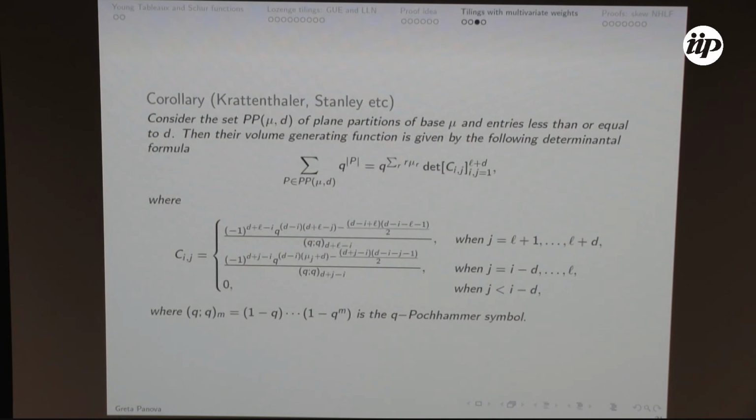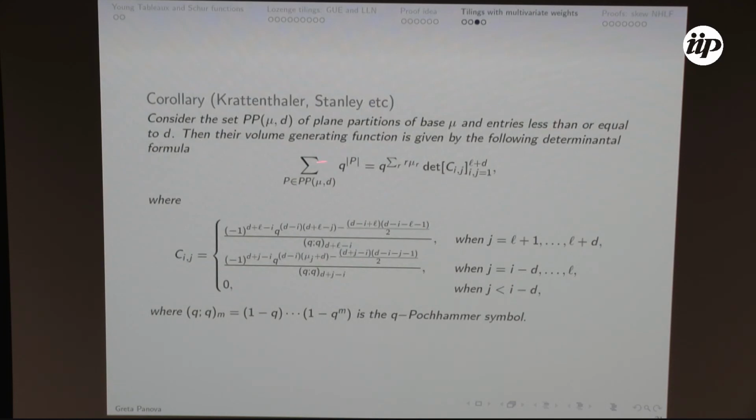So one recovers, using this formula, if you plug in, for example, xi to be q to the i and y to be 0, or xi to be q to the i and y to be q to the j, or something like that, then you can recover these formulas from the literature, derived earlier by Krattenthaler, Richard Stanley, and so on.